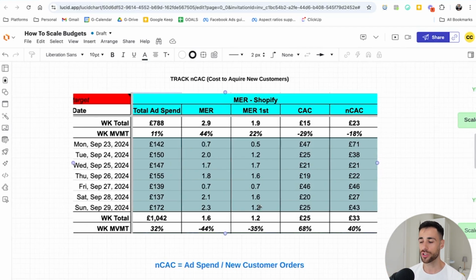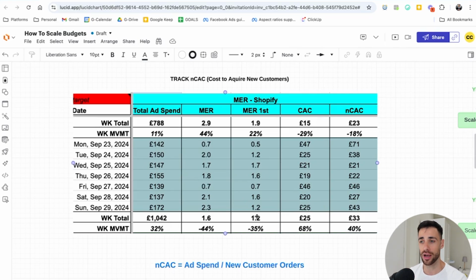okay? So you can do this with your third-party attribution tools, Triple Whale, Northbeam, Wicked Reports. Just make sure that the numbers match up with Shopify. So your orders have to be the same as Shopify. Your new orders have to be the same as Shopify. Ad spend is generally the same, but I do find sometimes these third-party attribution tools don't match up.